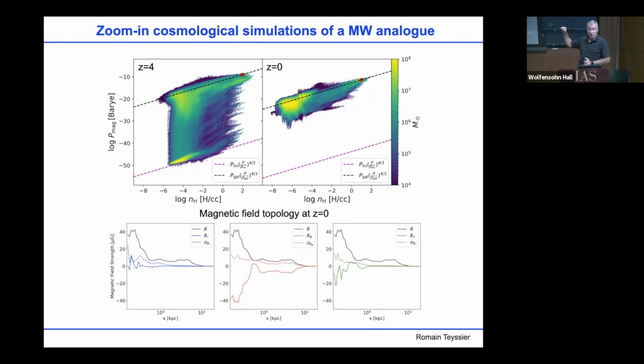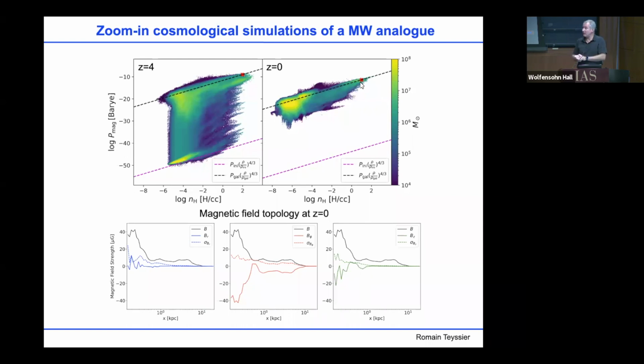And the red cross, which is used as a normalization here, assumes that the field is in equipartition with the turbulence. Remember that I told you that the subgrid model will take you to 0.1% of equipartition. So what can bring you from there to equipartition?